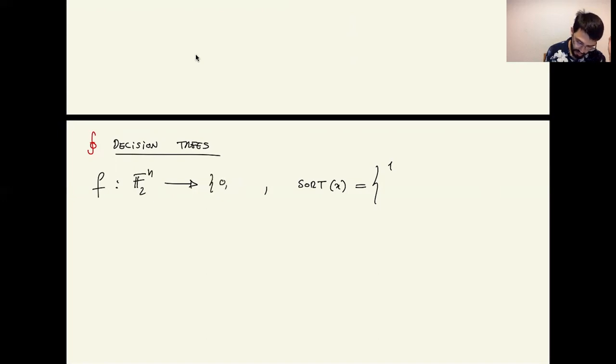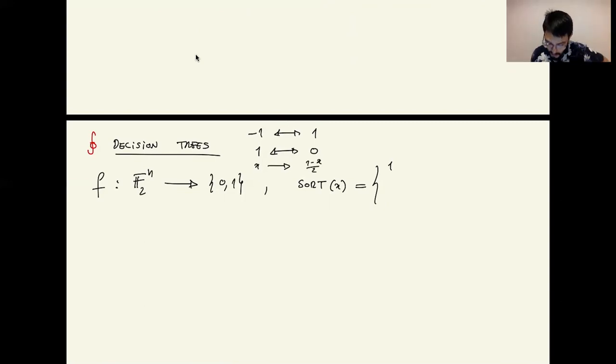The usual identification is that -1 is identified with 1, and 1 is identified with 0, and the map here is always x goes to (1 minus x) over 2. This is nice because additive properties here are mapped to multiplicative properties there.